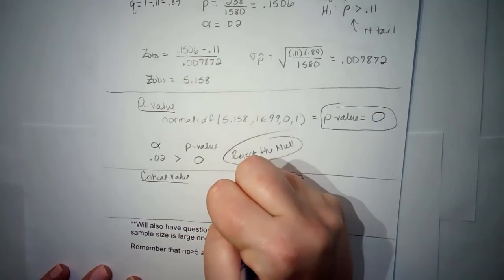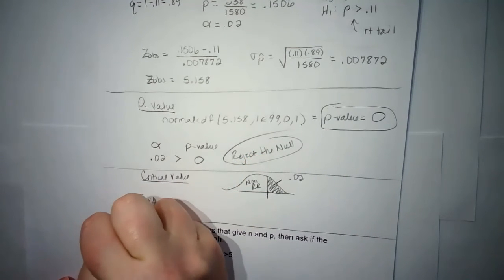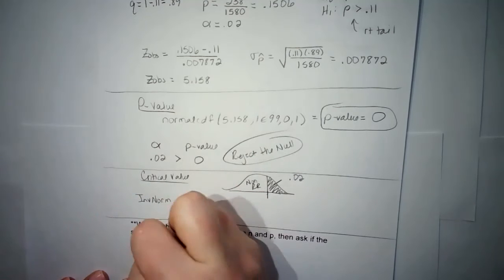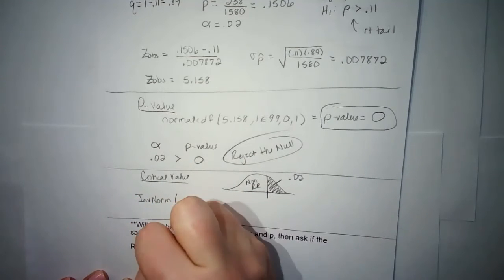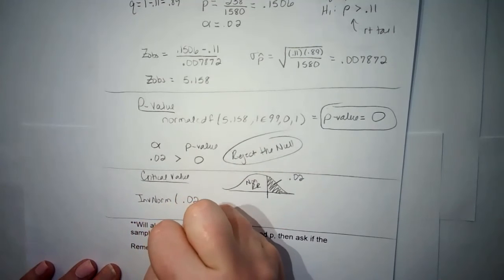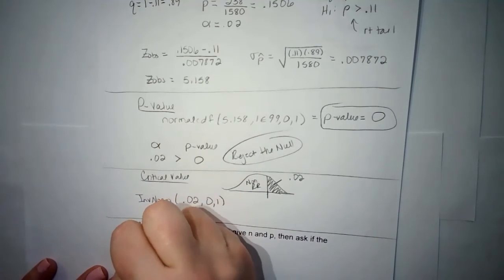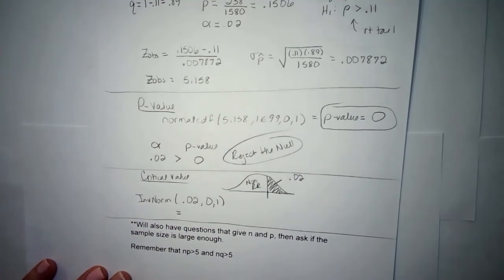Okay, I need a positive critical value. Here's my non-rejection region. So I'm going to have inverse norm of 0.02, 0, 1. If you put that in your calculator, did you get negative 2.05?